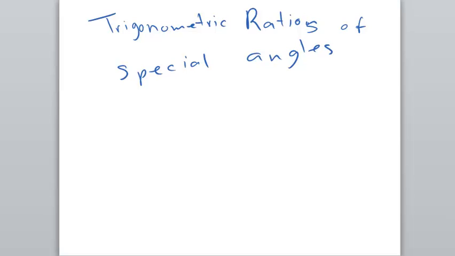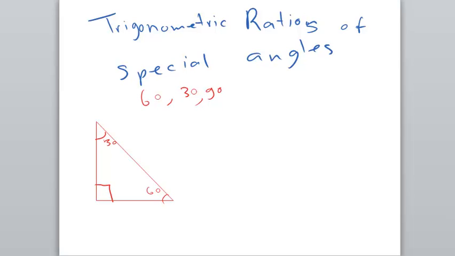Let's draw our triangle. One of them is the 60, 30, 90 rule. This is a special angle. In here this is 30 and this would be 60.